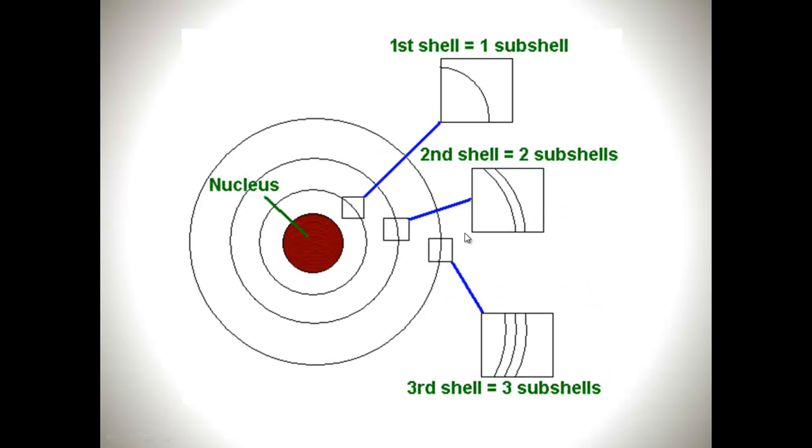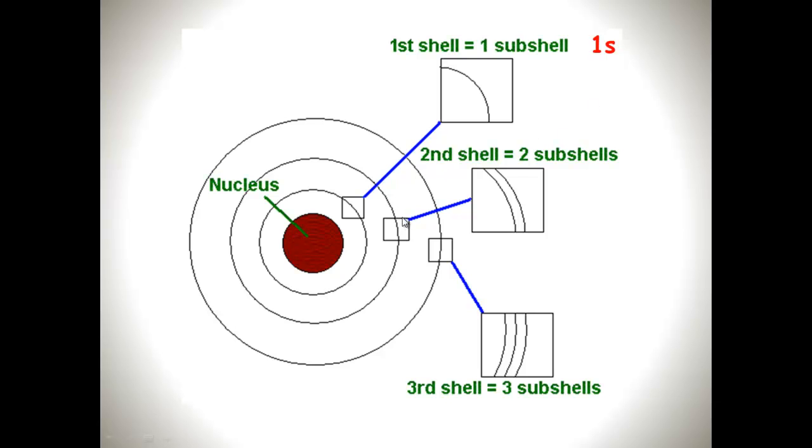So here is a diagram showing the first shell, the second shell and the third shell. The first shell here contains 1 subshell, and that's called the 1s subshell. 1 meaning that it's in the first shell, and S meaning that it is the S subshell.